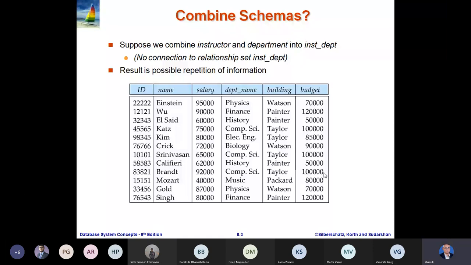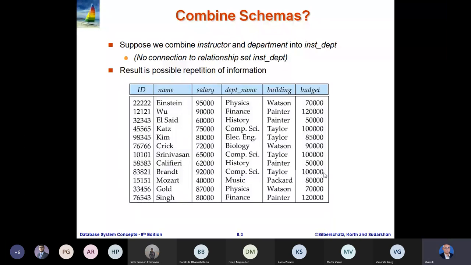Just to refresh our memory, this table or relation has these 6 columns. And what we have here is that the building name for a department and the budget for the department have been kept along with information about the various instructors belonging to that particular department.